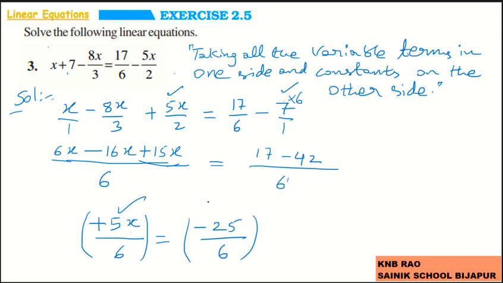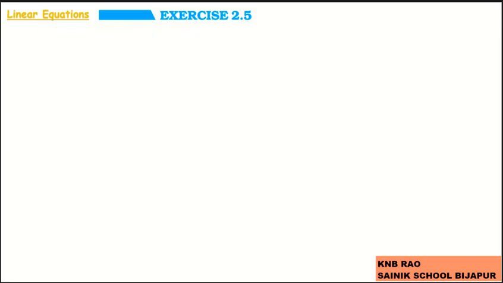Now we can either cross multiply or multiply on both sides, since there is a fraction with the LCM as the denominator on both sides. So continuing further, I have 5x by 6 equals minus 25 by 6.